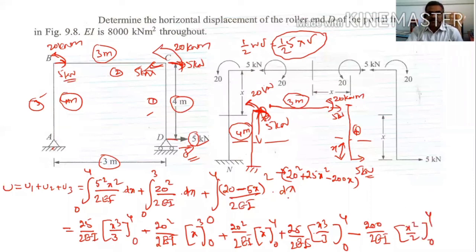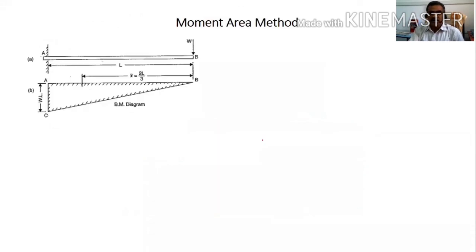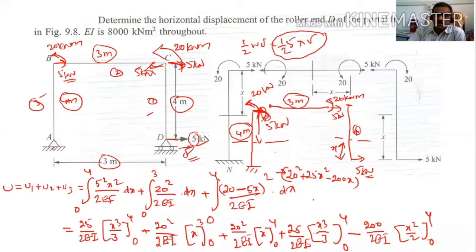This is the equation. If you solve this, you will get 1133.3 divided by EI. That is equal to half into 5 into delta.